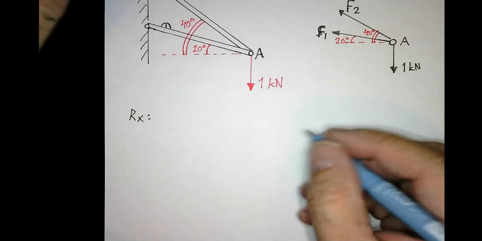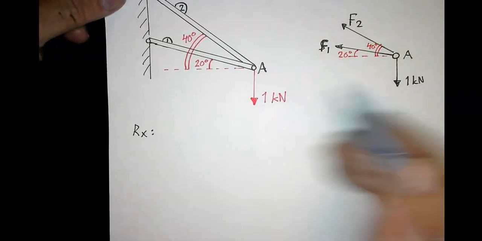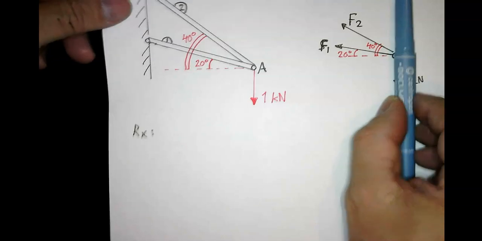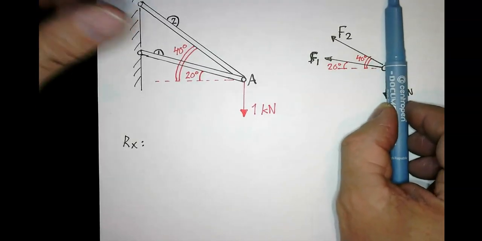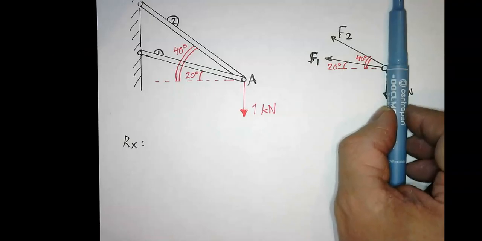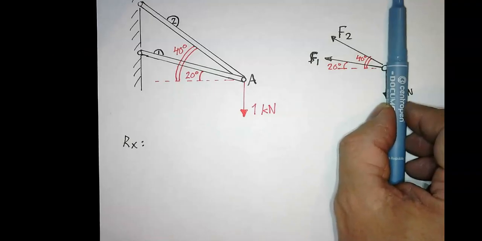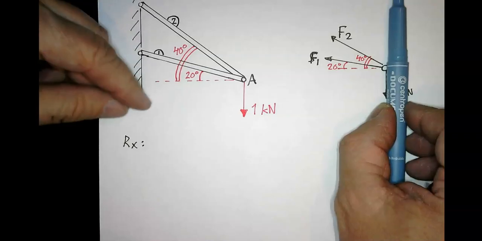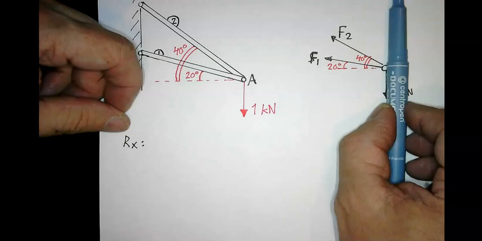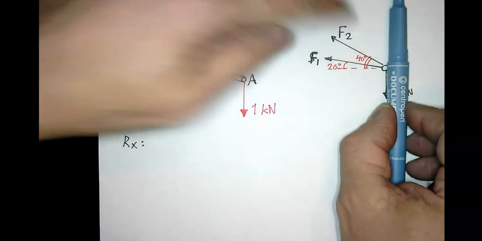So the x component of that resultant force, we get those. This is a vertical line here, and both forces are pointing to the left-hand side of this vertical plane, and that means that in this Rx equation I will use minus signs for those forces.